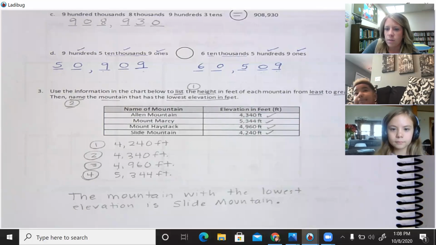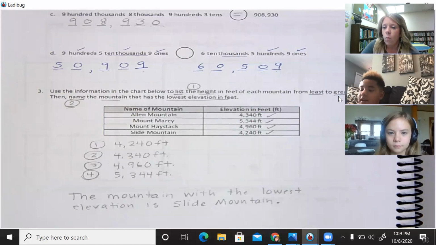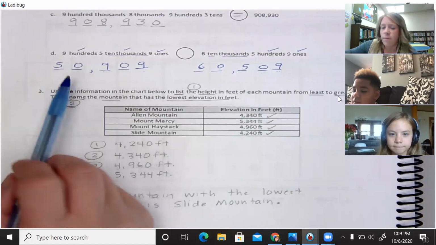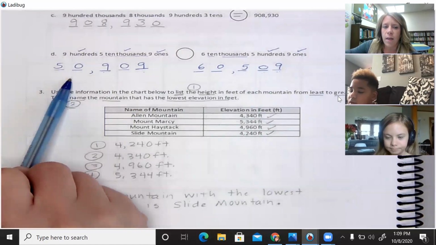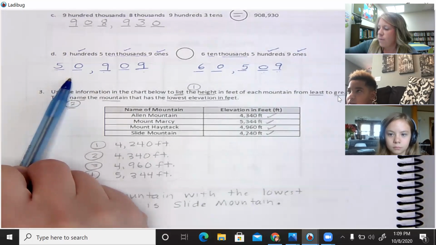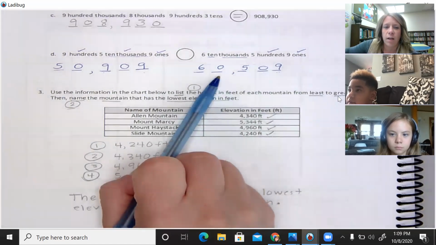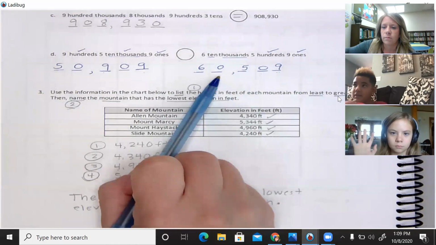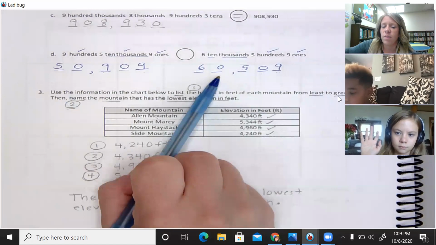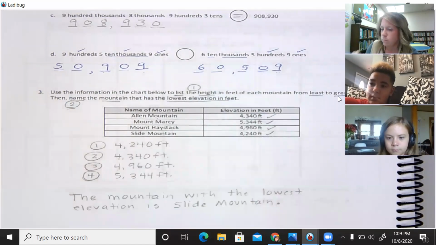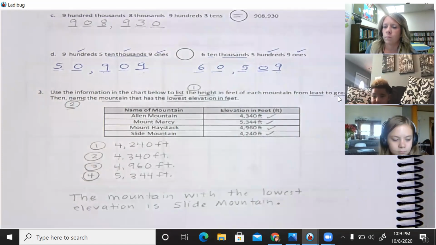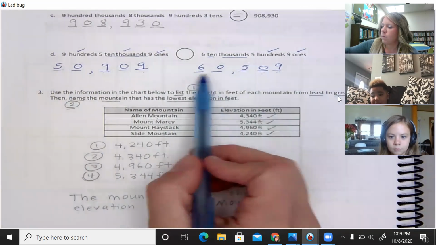Okay, it looks like we're just down to Nina and Trace. So we're going to vote. If you think 50,909 is bigger, raise your hand. If you think 60,509 is bigger, raise your hand. I see Nina. What do you think, Trace? Which one's bigger? 60,000.